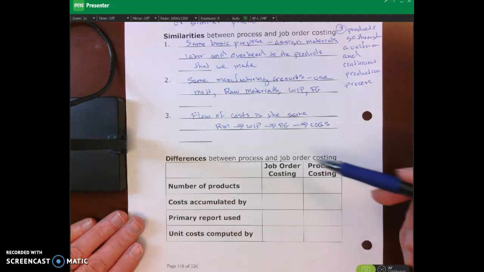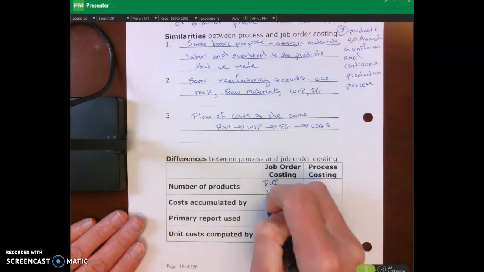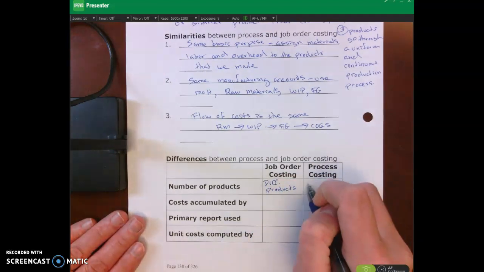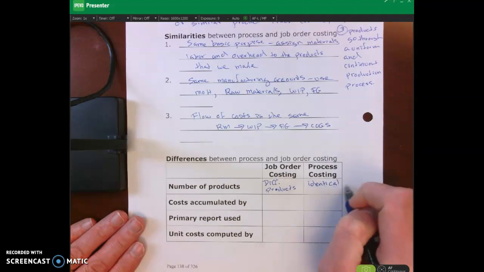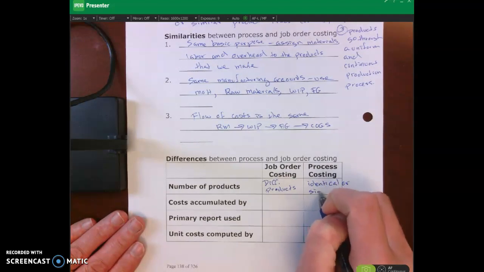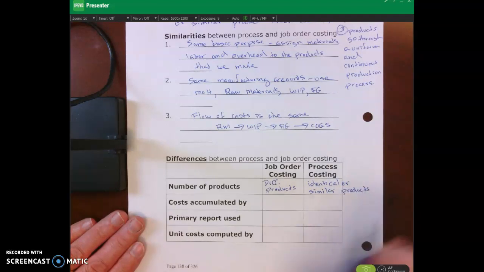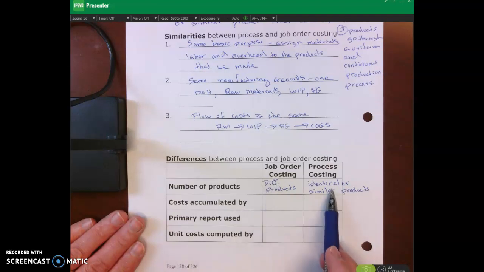When we talk about job order costing, we're saying we have different products, many different products. Over here, we're saying identical or similar products, right? So probably you could say many products or just a few products, okay?